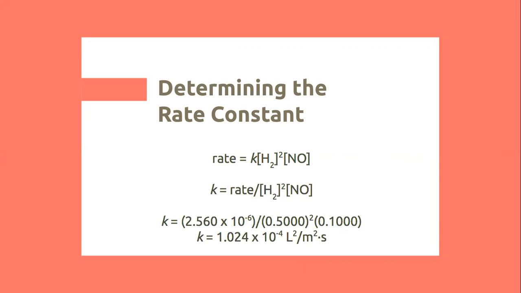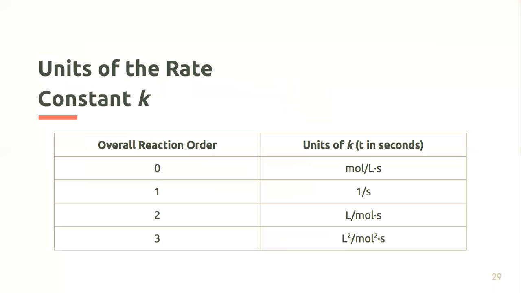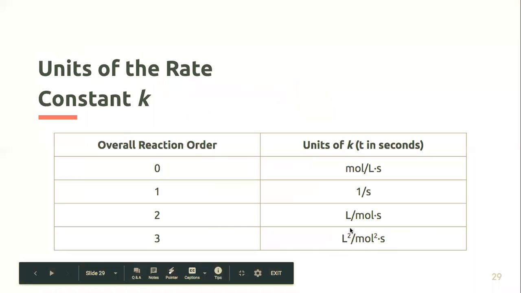And actually, we are going to use this moment to transition into talking about units for K, because as I've mentioned before, this constant has units, and the units depend on the order of the reaction. So if we have an overall reaction order of 3, as we just saw, we're going to have liters squared per mole squared times seconds.